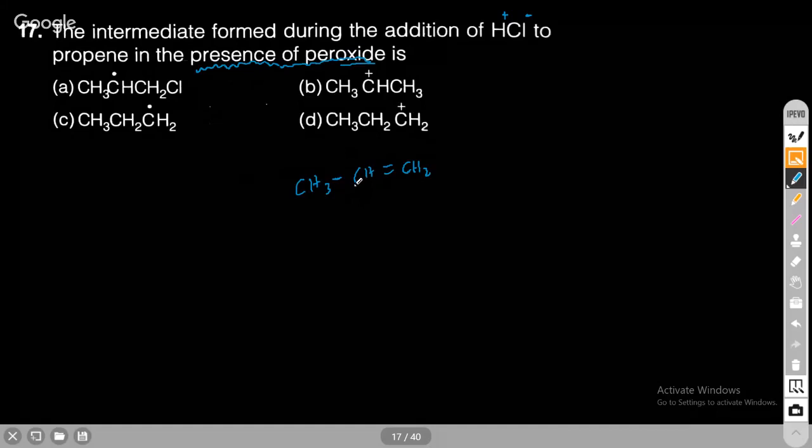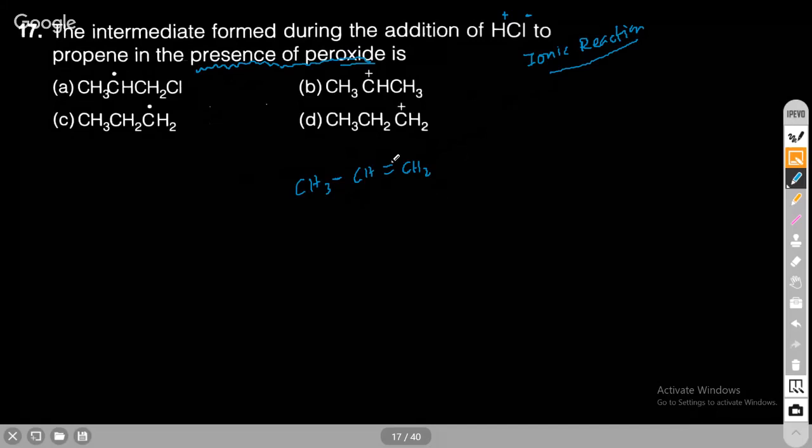But what is the intermediate product? Since it is not the anti-Markovnikov addition, it is simply an ionic reaction we have. Means the reactant or intermediate product that you have will be present in the form of ions. Okay, we'll have heterolytic cleavage.